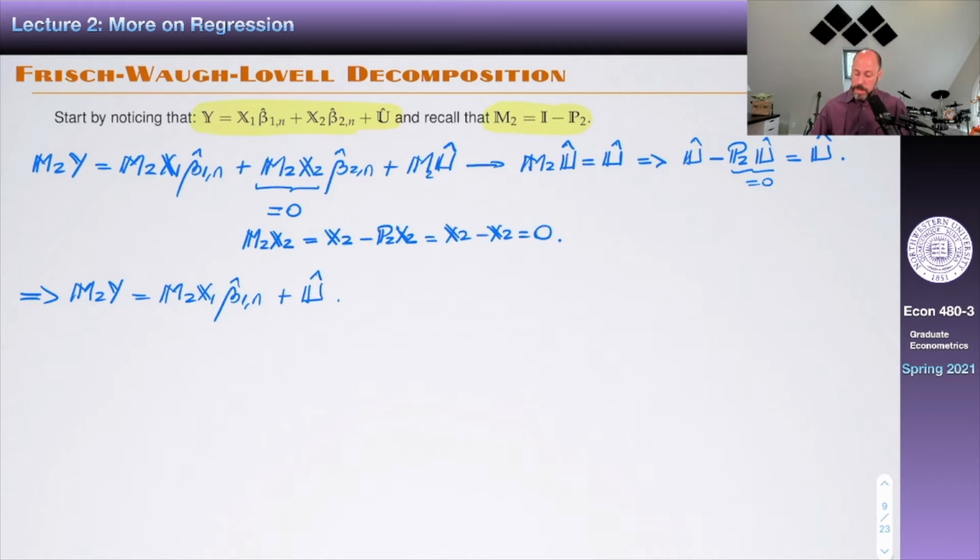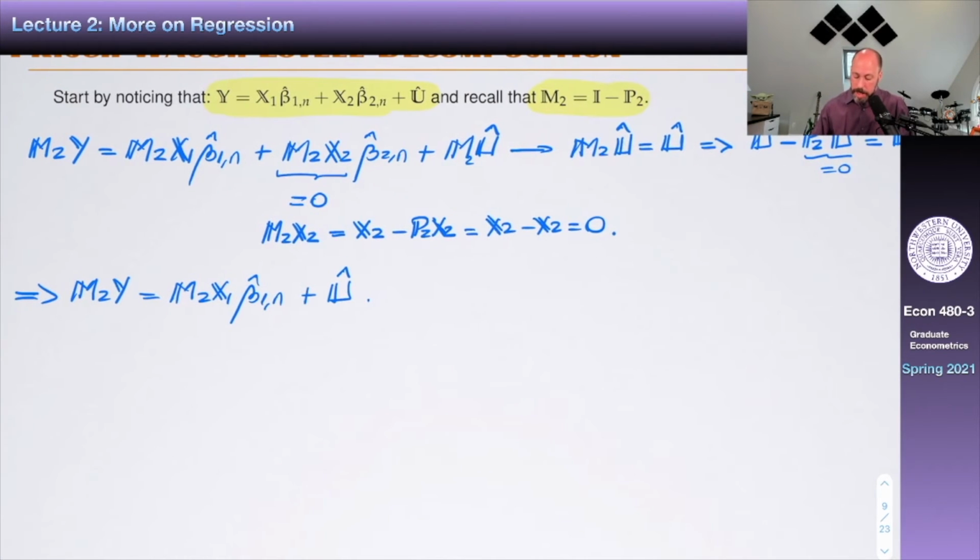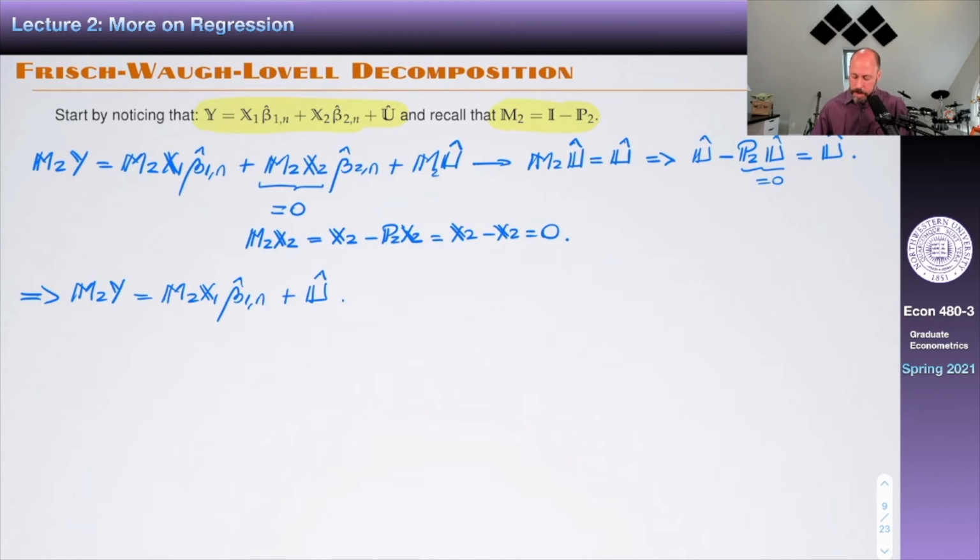And so what we get now is we're going to pre-multiply by M2 x1 prime. So we took this expression over here, and we're going to multiply by M2 x1 prime. So we have M2 x1 prime times M2 y.